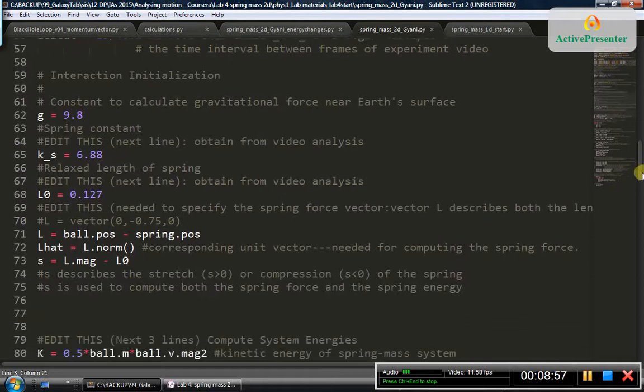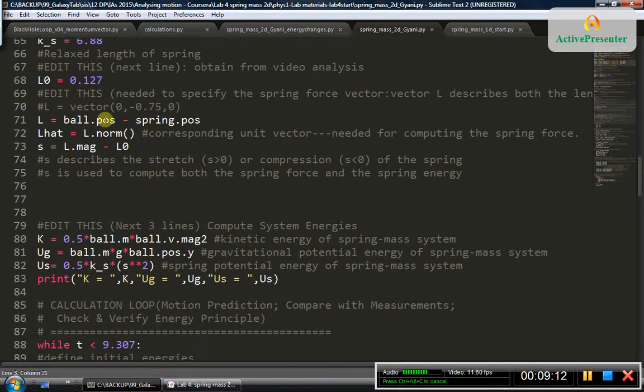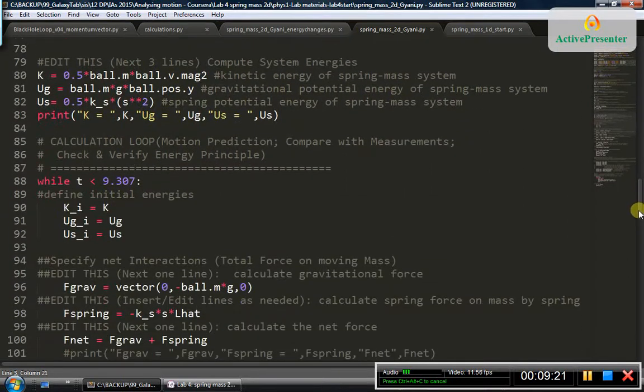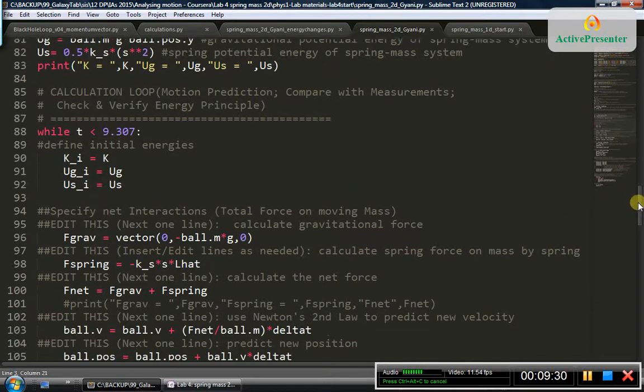The spring constant is initialized here, natural length is initialized here, and the length at time t is calculated as the position of the mass minus the attachment point of the spring. This is the unit vector, this is the extension, and here we initialize the kinetic energy, potential energy, and spring potential energy, and this is the iteration.